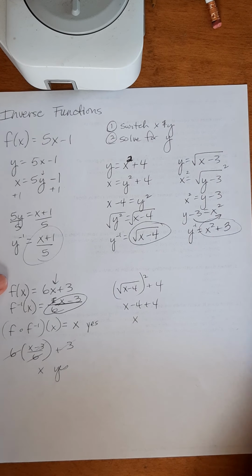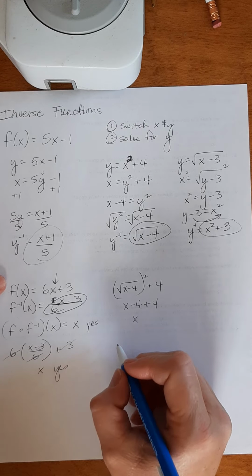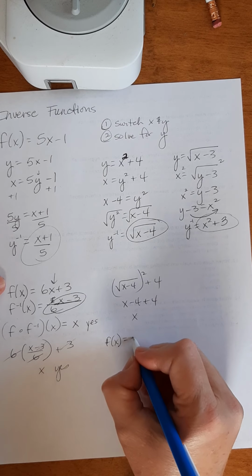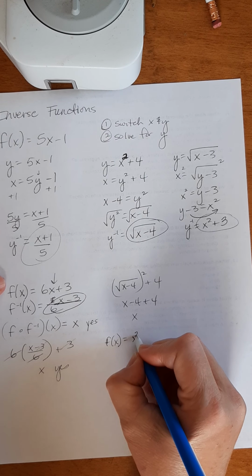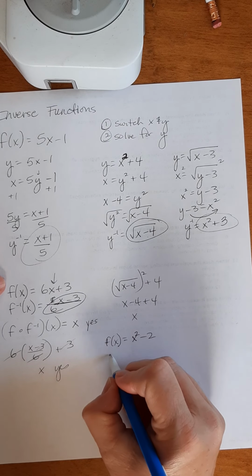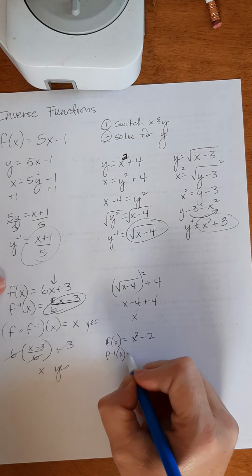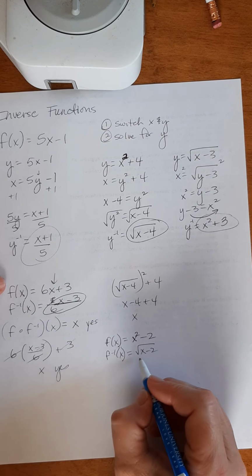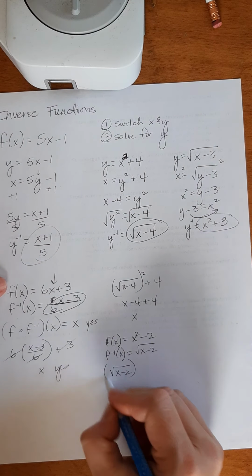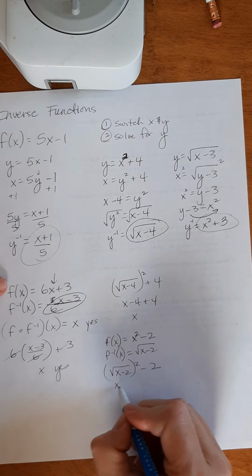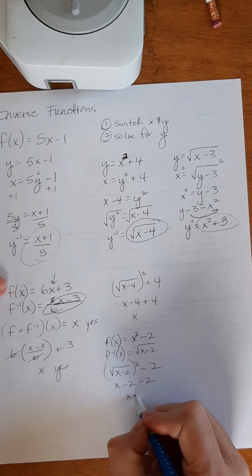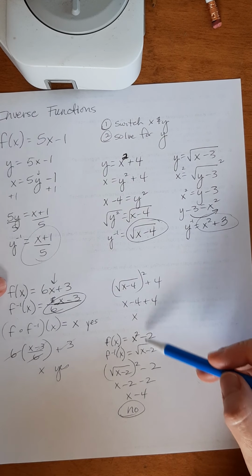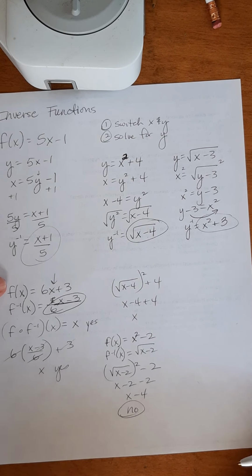Even if I did, well, let's say this, what about f of x equals x squared minus 2, just to show you what this would look like, let's say square root of x minus 2. Well, notice how this one, if you plug it in, square roots cancel. You get x minus 4. So no, one of those should have been a plus sign in order for it to be a yes.